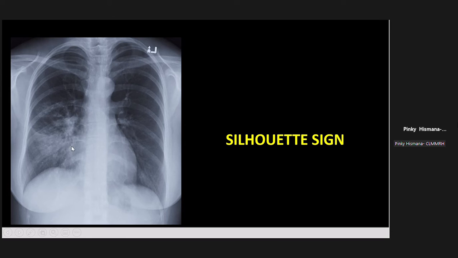Somehow you're just seeing the silhouette of the heart or the cardiomediastinal structure. And the loss of the silhouette of the cardiomediastinal structures, or of any of these structures, means that there's an ongoing pathology.